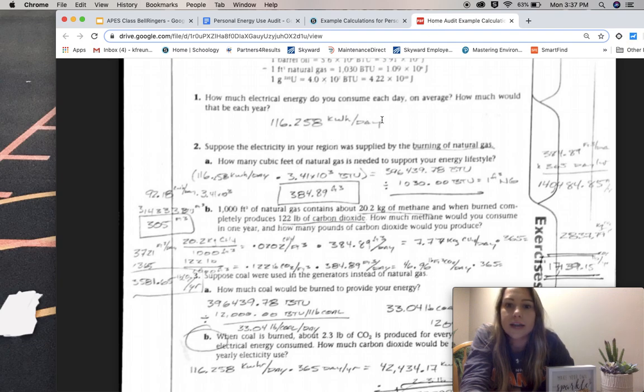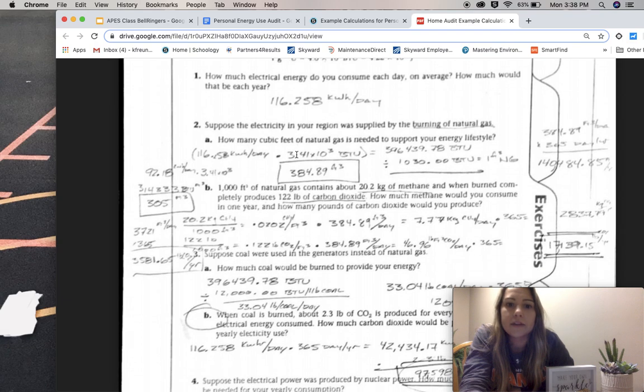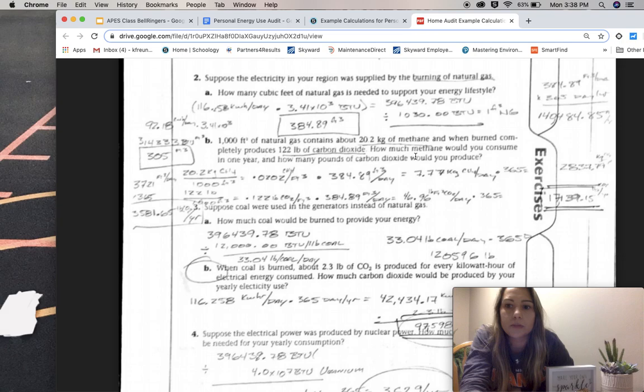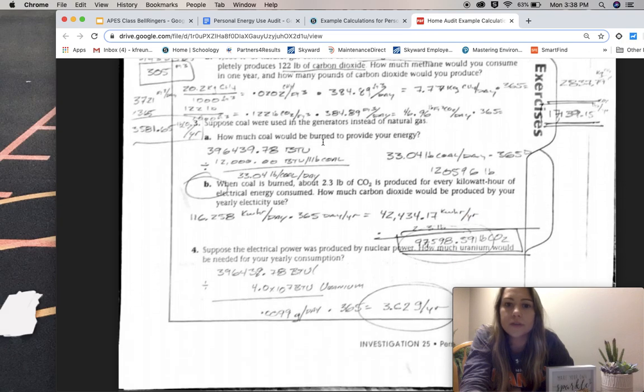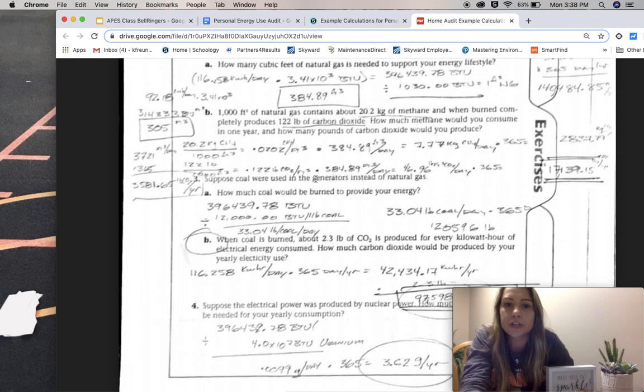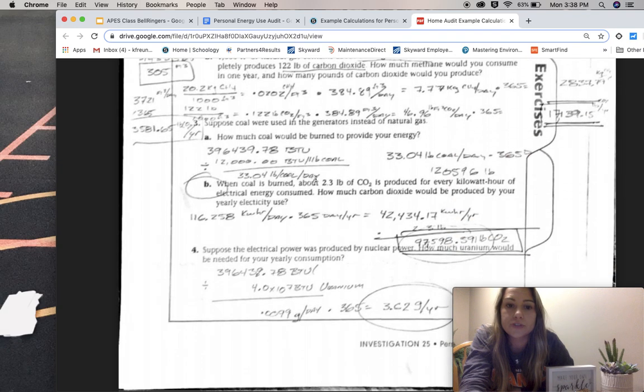They go through from there. They did not calculate the yearly here, so keep that in mind. They just did the day, so the yearly is not on there. But every other calculation that you may need is written below here. These are examples to go off of, but you're going to use your own numbers, so make sure that you're using your own.